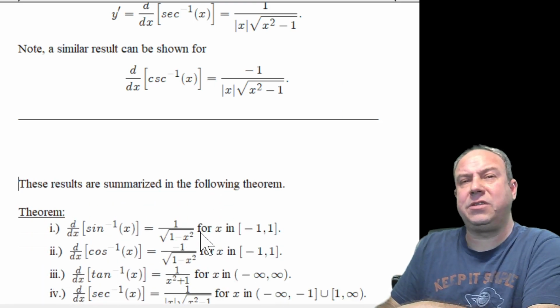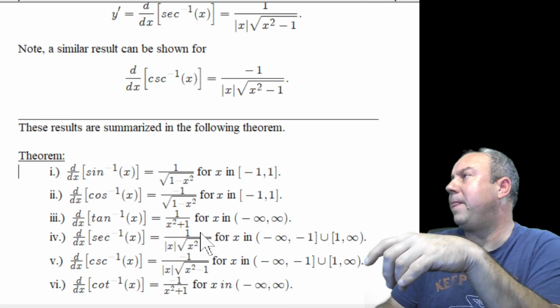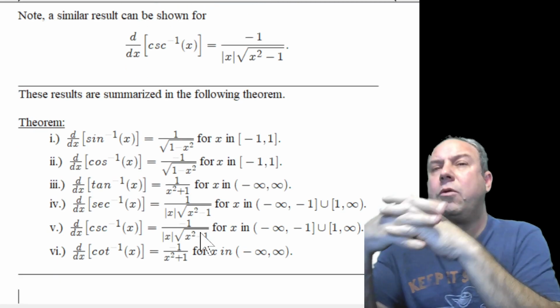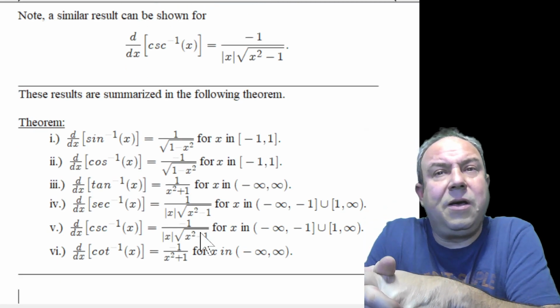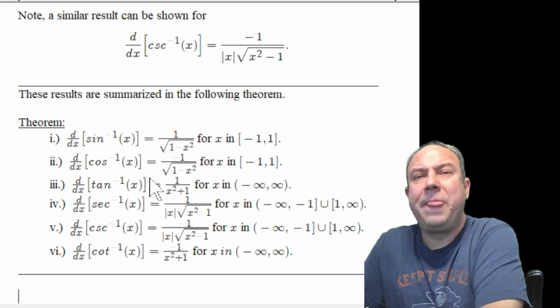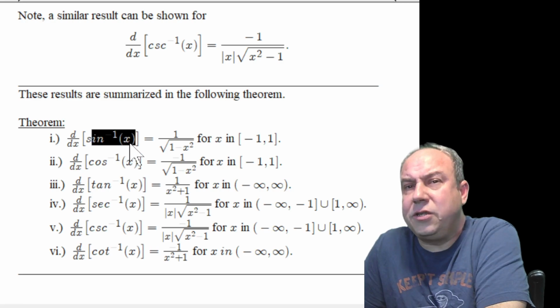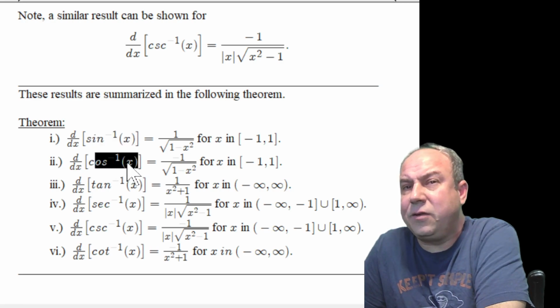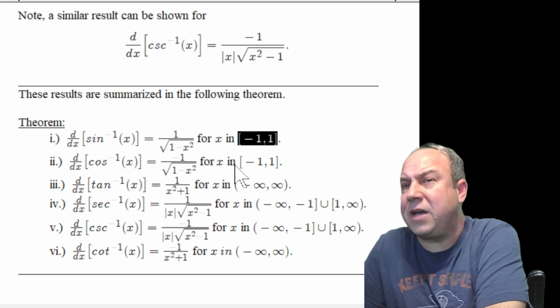Collectively, we can see the results presented here in this theorem, where we also make a little note on when this is true for our values of x, which you have to remember is inverse trig functions are limited for the sine inverse and cosine inverse to be values of x between -1 and 1.